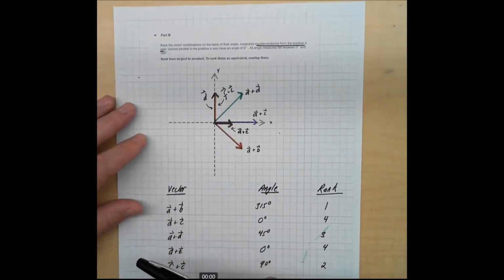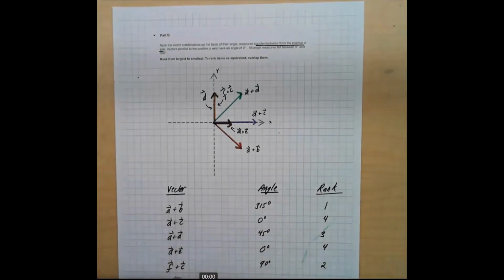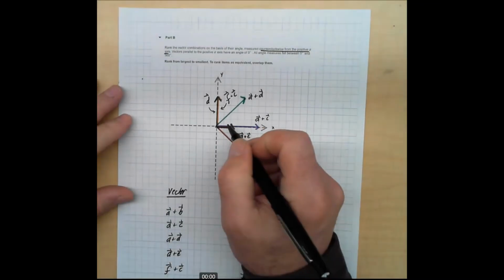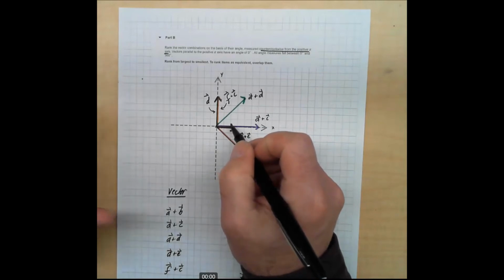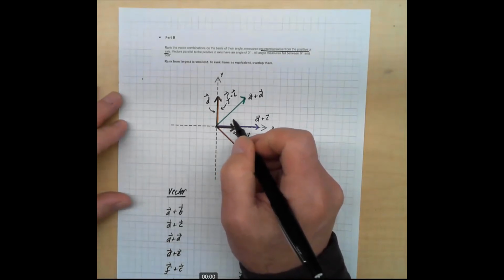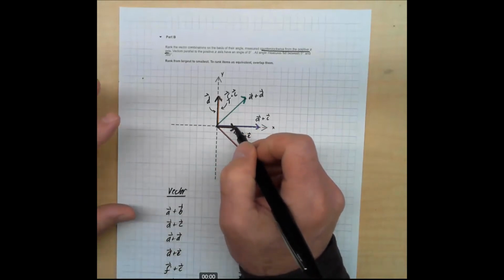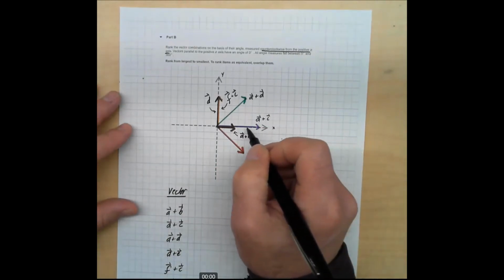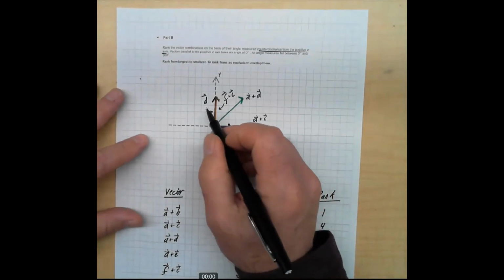The next one is to rank the vector sums in order of direction, and we're not going to be this formal about it later when we get into chapter 3 and chapter 4. But basically the official rule is start at the x-axis and go around counterclockwise.